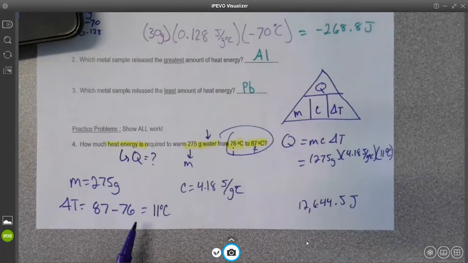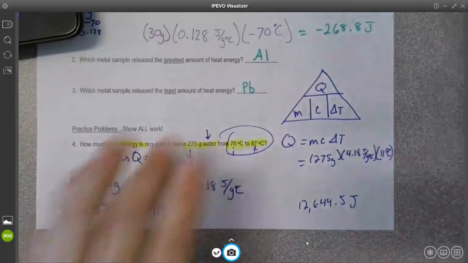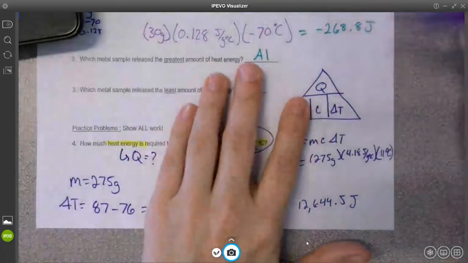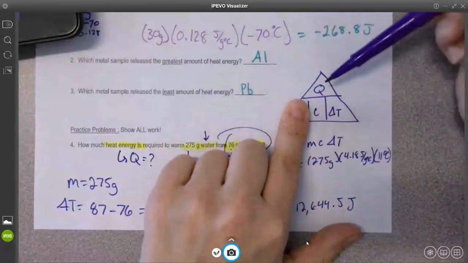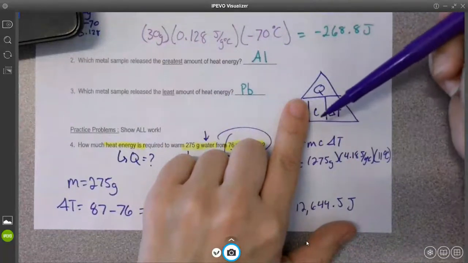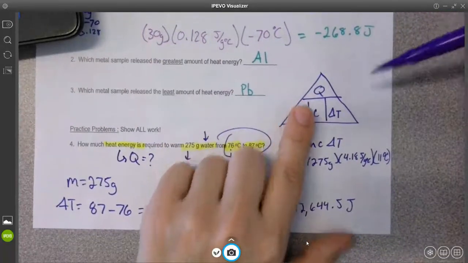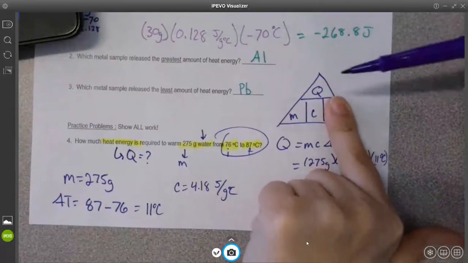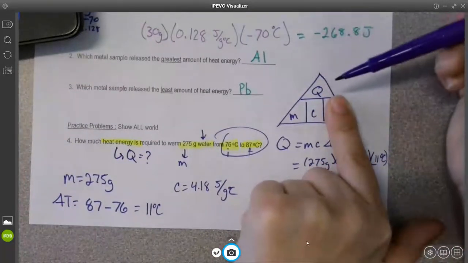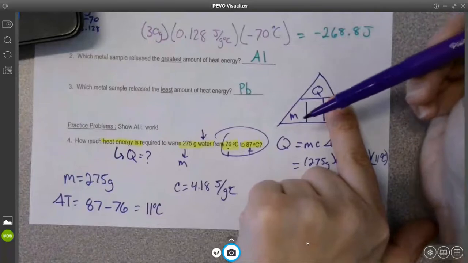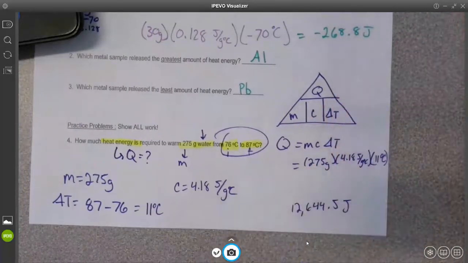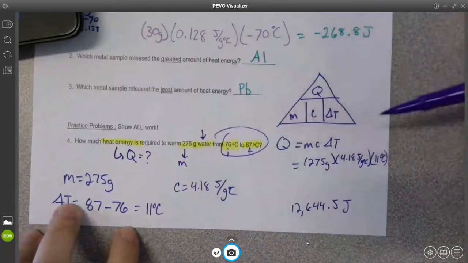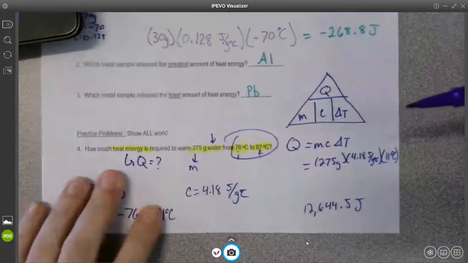So let's say you're asked to calculate the mass. Well, you would simply cover up m here, and you would know that your mass is equal to Q divided by C times delta T. If you're looking for the change in temperature, you would cover up your delta T, and you would know that it would be equal to Q divided by M times C. So this right here is perfect for rearranging the equation.